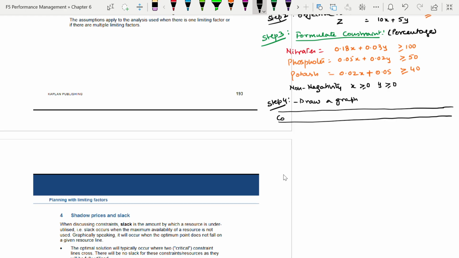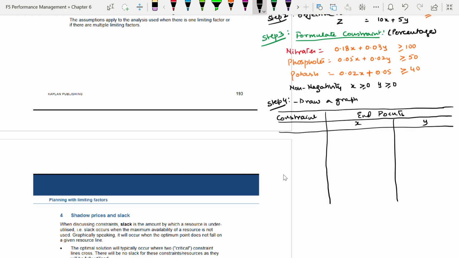This is the constraint, and these are the points. You put them as end points. In the end points you put X and Y. Now it will have more clarity, slowly and steadily.